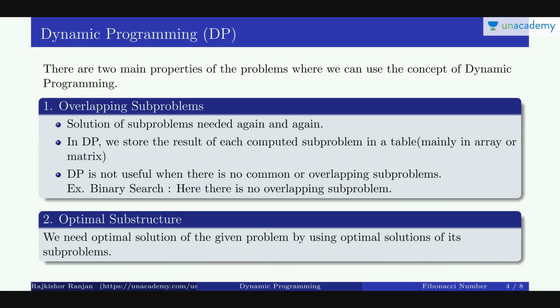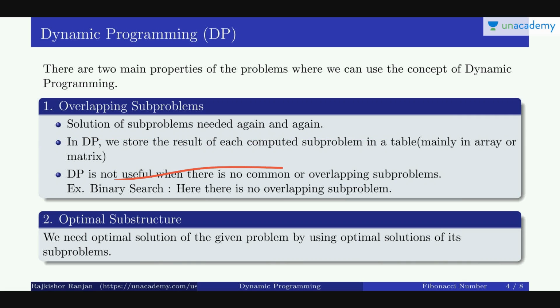So let's discuss further how we can justify that a problem requires the dynamic programming approach. There are two main properties we need to find in the problem. Whenever we see these two properties, then we can use dynamic programming. The first property is overlapping subproblems, as we have already discussed. In this case, the solutions of subproblems are needed again and again.